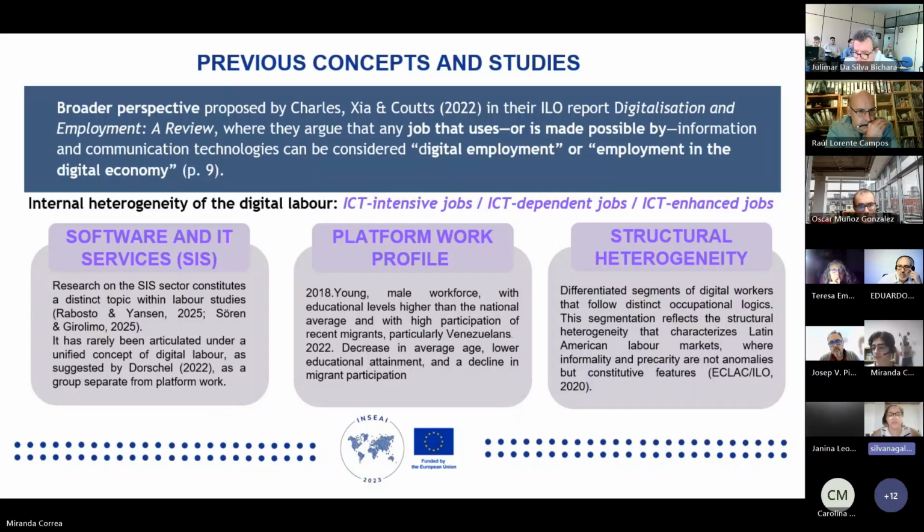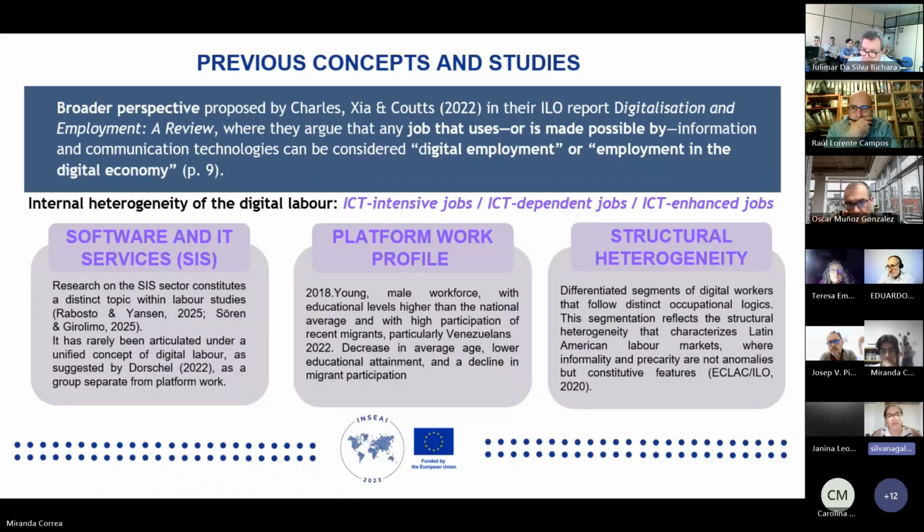They recognize an internal heterogeneity of digital labor and divide it into three segments: ICT-intensive jobs, characteristic of the technological core or technological sector; ICT-dependent jobs, which could not exist without digital mediation, such as platform work or e-commerce; and ICT-enhanced jobs, referring to traditional occupations transformed through the adoption of digital tools.